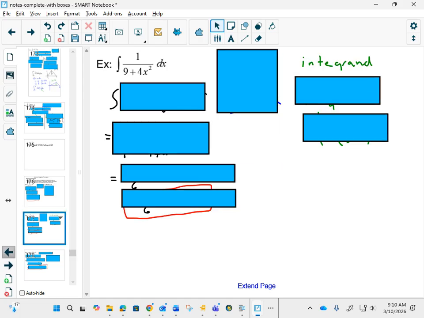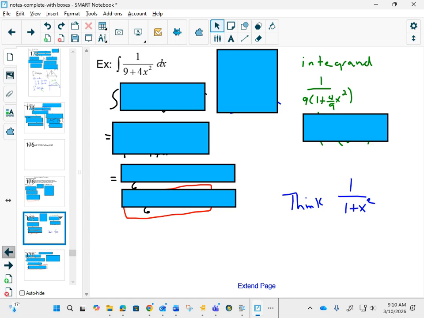This next one, I have something plus something x squared on the bottom. I'm going to think about 1 plus x squared, because that's my tan inverse. So what can I do? Well, if I want the 1 plus, I'd have to factor out a 9.